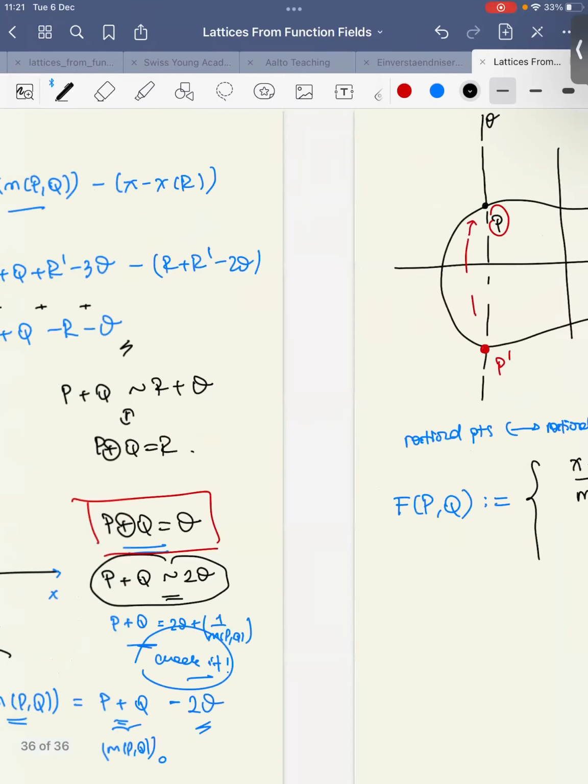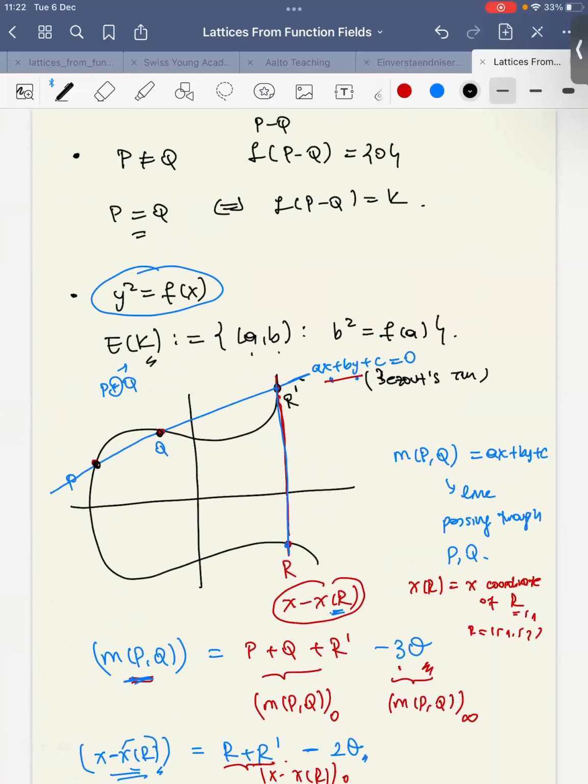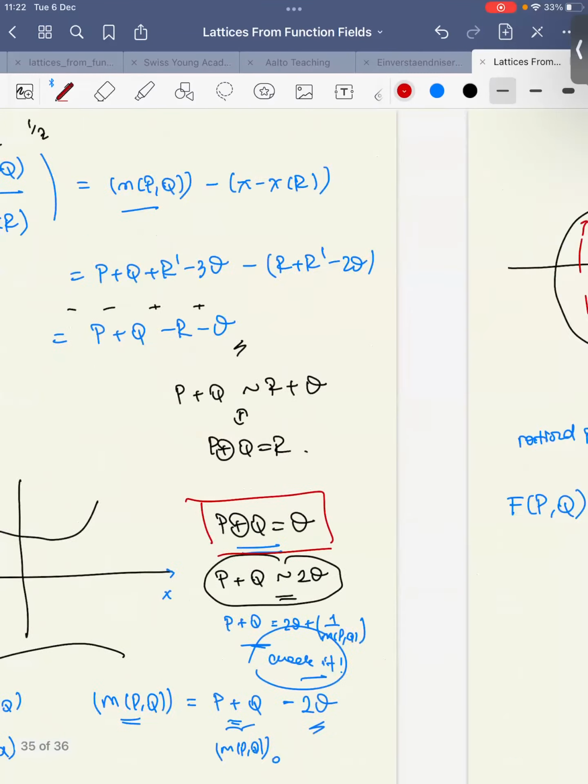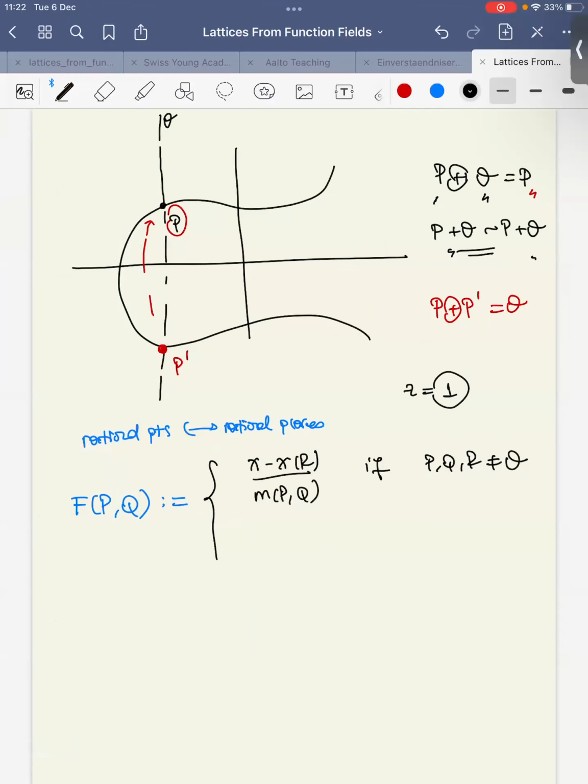And in the first scenario, where P, Q, and R are different from the identity, I will consider the function f as the fraction of x minus x of R over l of PQ.